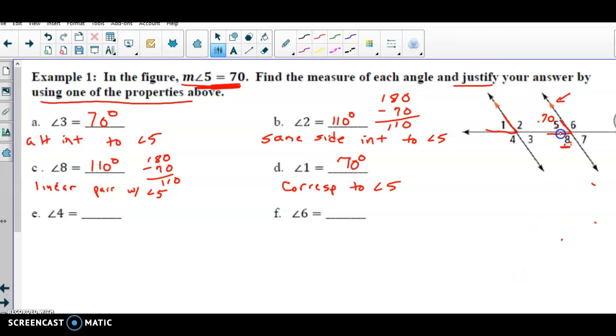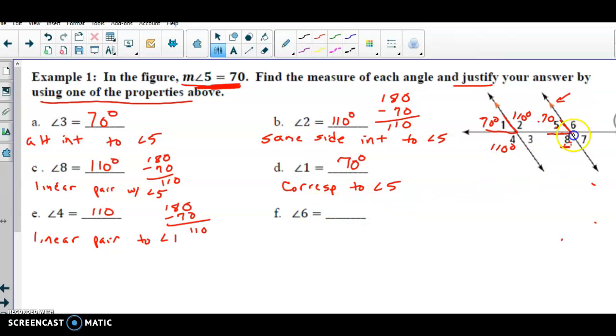Angle 4, I don't really have a relationship pair with angle 5, but I can say that it's a linear pair to angle 1. And linear pairs have to add up to 180, so I can do 180 minus 70 is 110. So I got angle 4 is 110, 1 is 70 degrees, we said that 2 was 110 degrees.